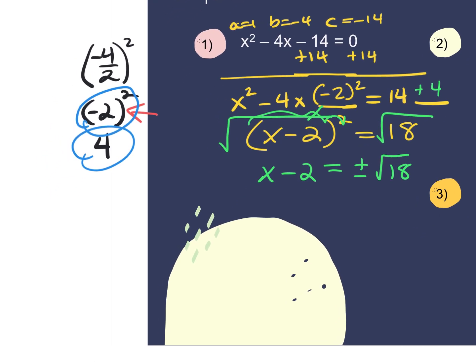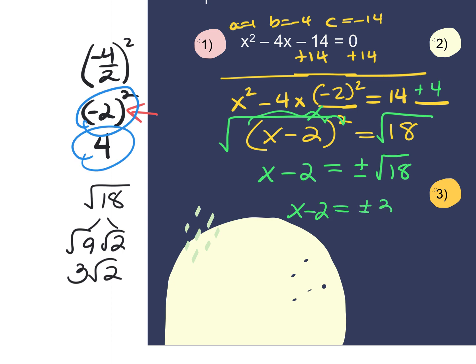So this is just like last night's homework. The square root of 18, I can factor into either 3 and 6 or 9 and 2. I'm going to choose 9 and 2 because I know 9 is a perfect square. So then this simplifies to 3 square root 2. So now I have x minus 2 equals plus and minus 3 square root 2.